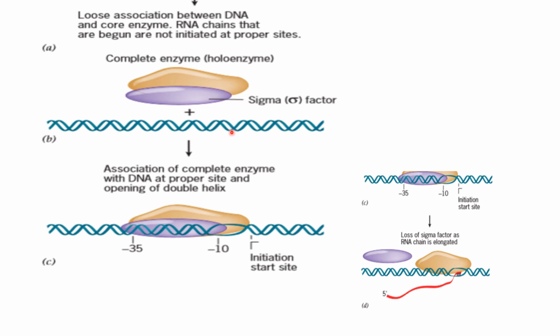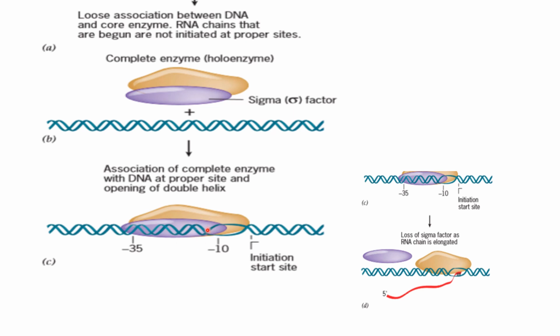There has to be some promoter region where RNA polymerase will come and attach itself. So, how will it attach itself? With the help of sigma factor. This is the sigma factor and this is the core enzyme. Entire is the holoenzyme. So this sigma factor identifies the promoter and brings this core enzyme to the promoter region.